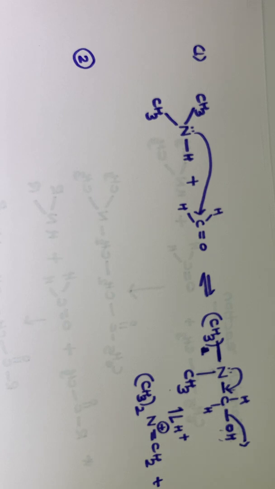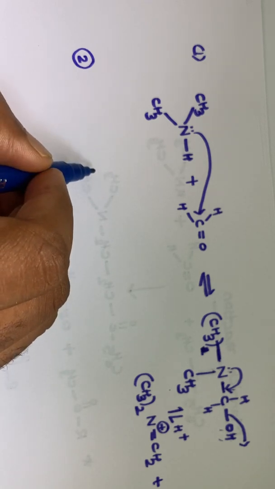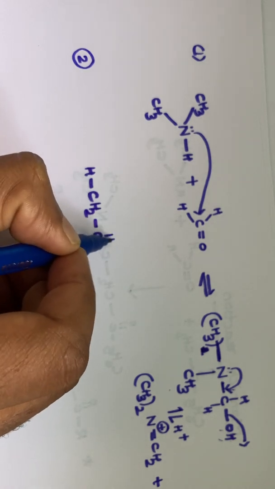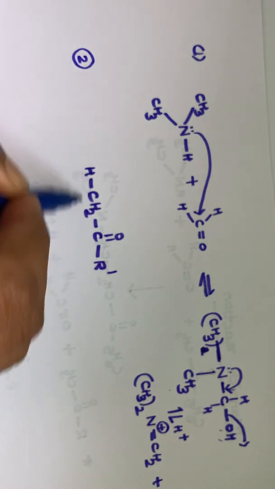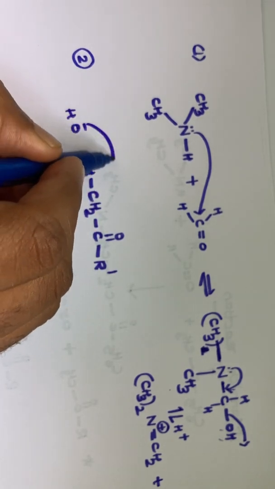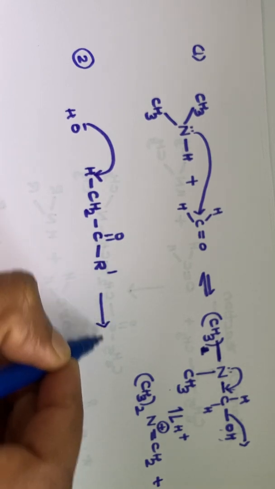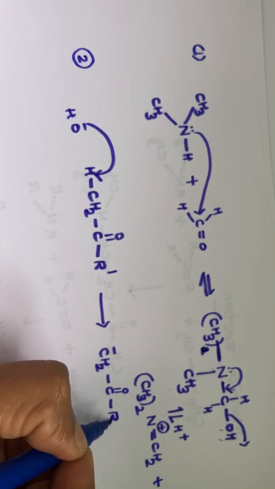So a carbanion is generated. So you have H, CH2, C double bond O, R dash. This is an active hydrogen. Abstraction of proton takes place. It results in the formation of this anion, CH2 minus, C double bond O, R dash.